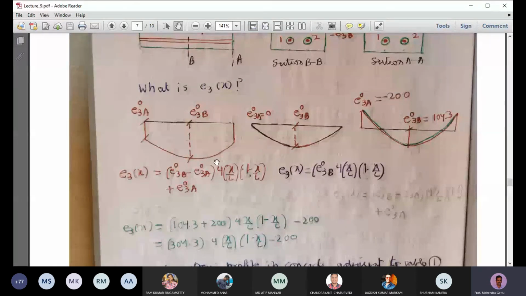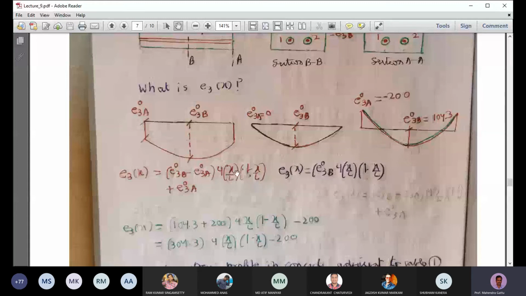So what is the shape of this parabola? What is the equation for this parabola? It will be this rectangle plus this parabola. The height of this parabola is E03b minus E03a. So the equation for this parabola will be E03a plus E03b minus E03a into 4x by L into 1 minus x by L.